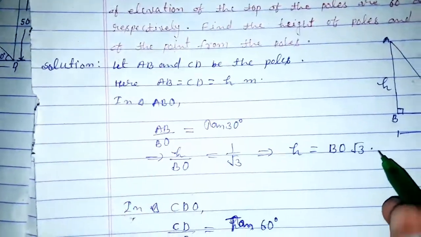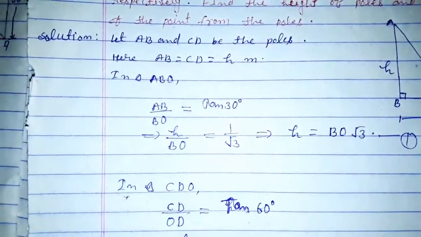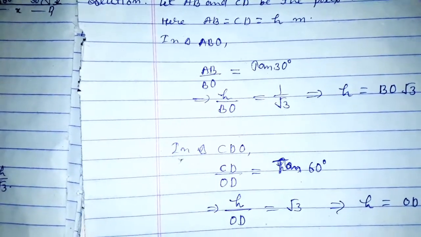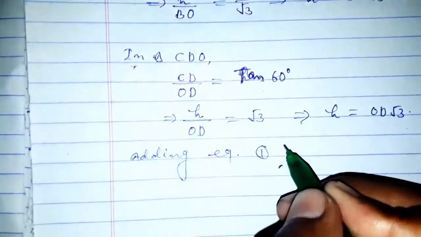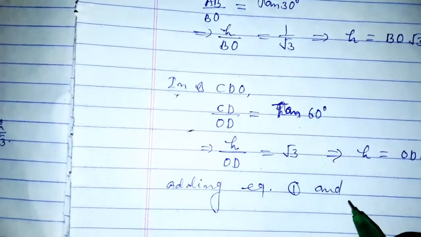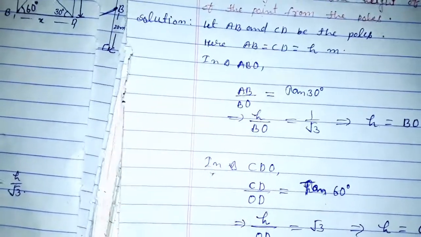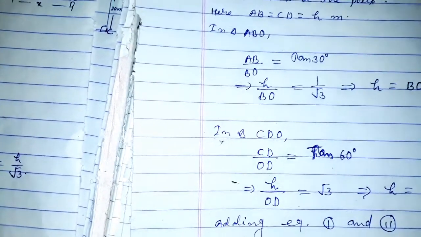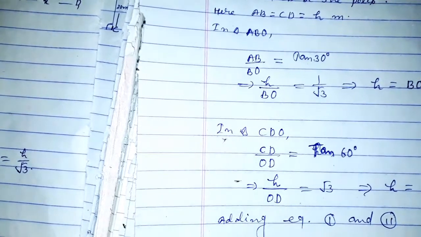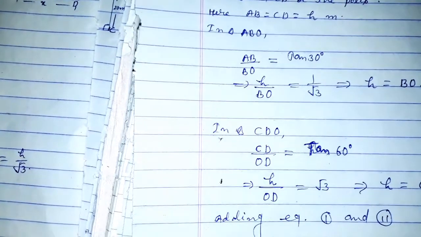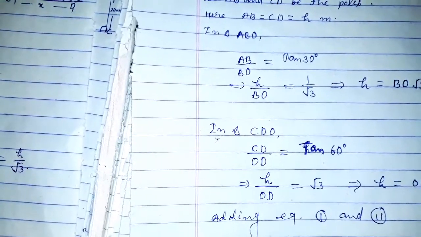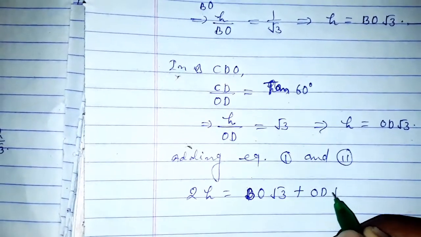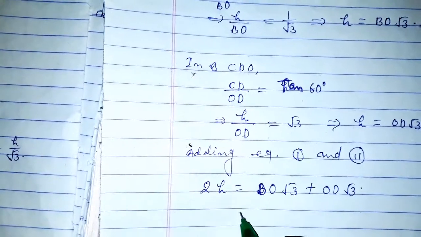Let this equation be first and this second. Adding equations first and second, 2h is equal to BO root 3 plus OD root 3.